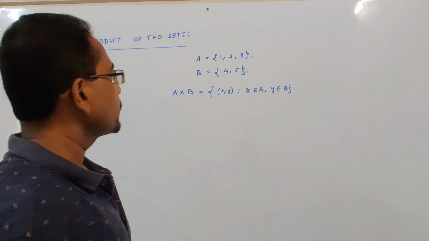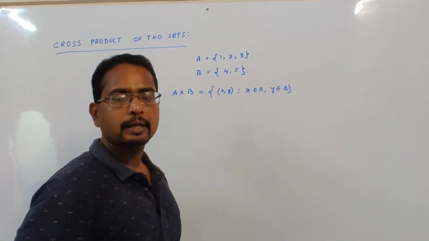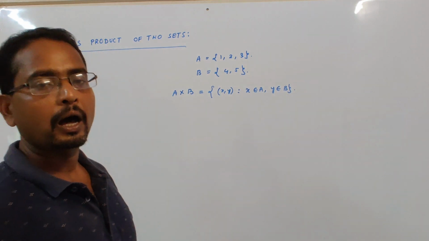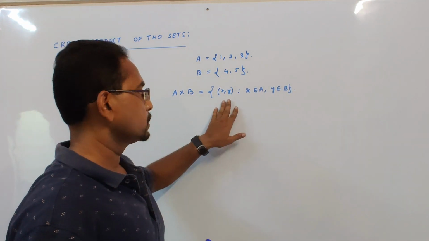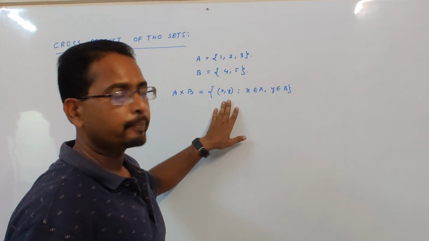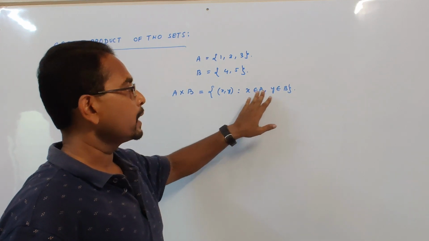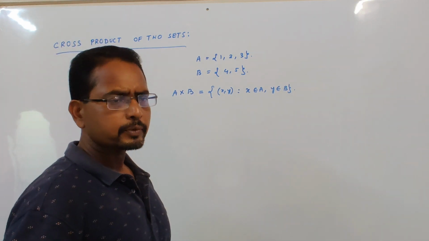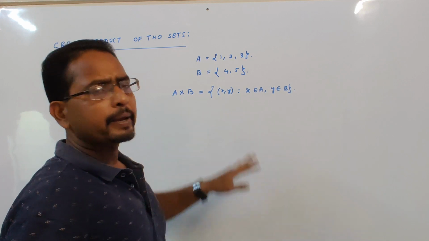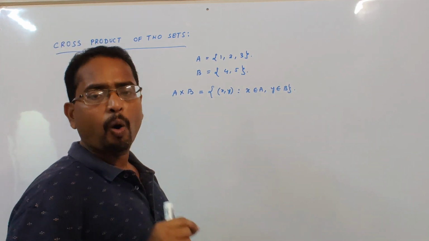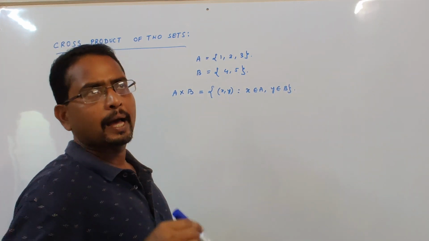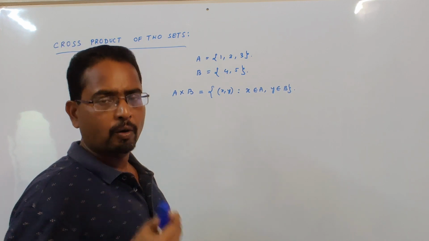So A cross B is a set in which the elements are going to be ordered pairs like x comma y, where x will be from A and y will be from B. Why am I saying the words ordered pair?